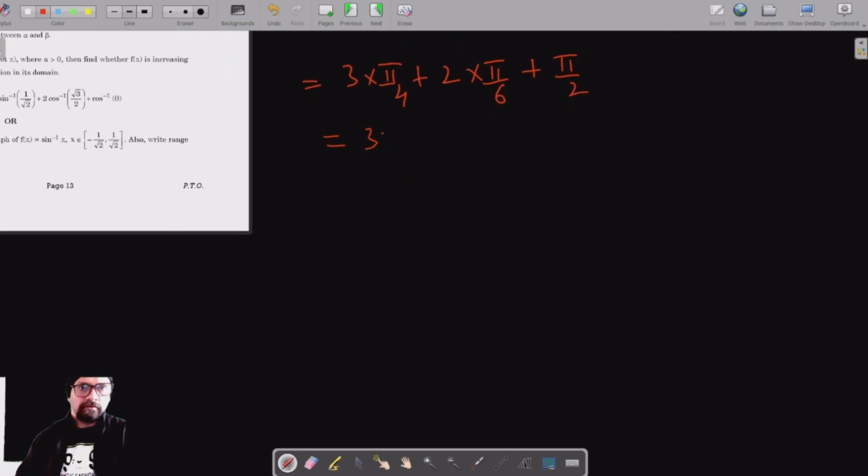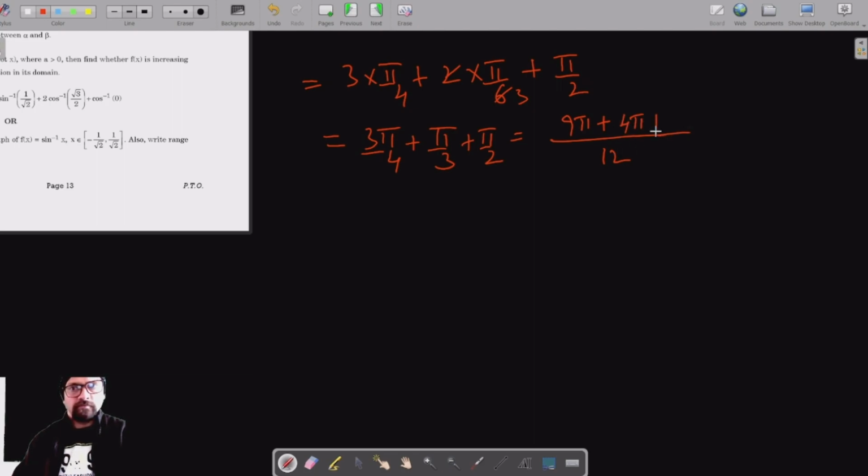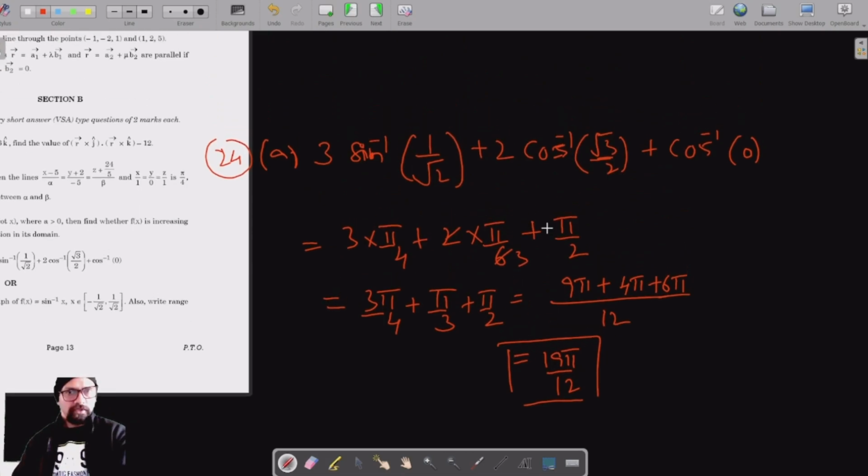So this is 3 pi by 4 plus pi by 3 plus pi by 2. That is equal to, with denominator 12, 9 pi plus 4 pi plus 6 pi. So this is 19 pi by 12, the answer for option A. Let's move on to part B.